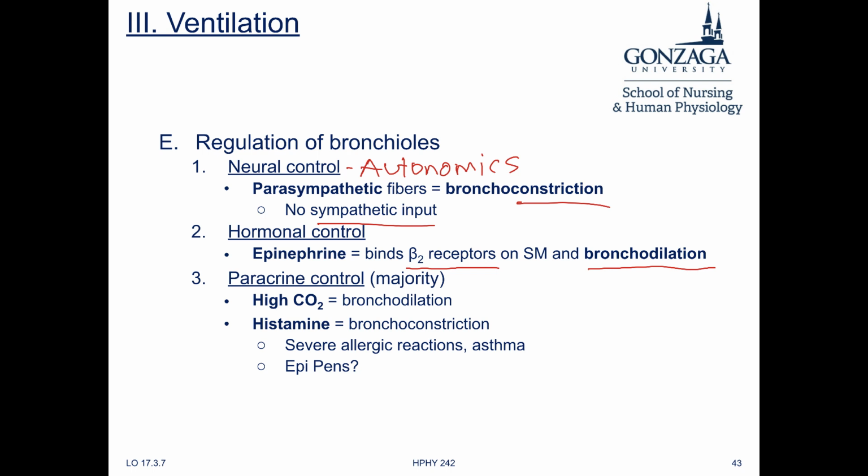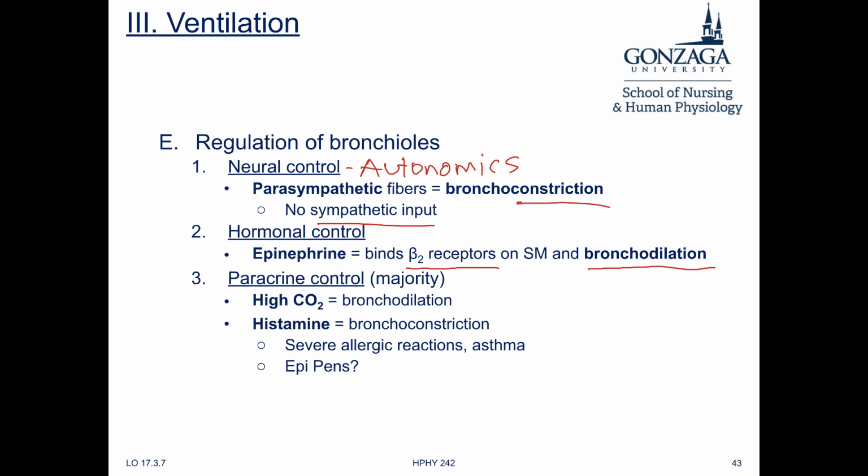Think about exercise. If you're exercising, you're releasing a large amount of epinephrine. It's circulating in your bloodstream, and when you're exercising, you need more air, so the last thing you want is to cause constriction. So epinephrine released during exercise, fight or flight, causes dilation of the bronchioles so you can take in more air.